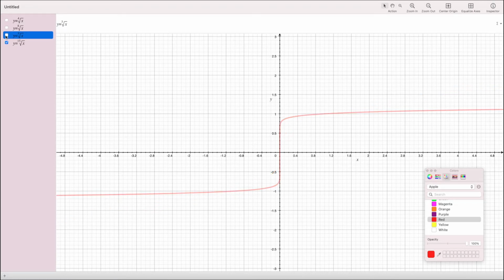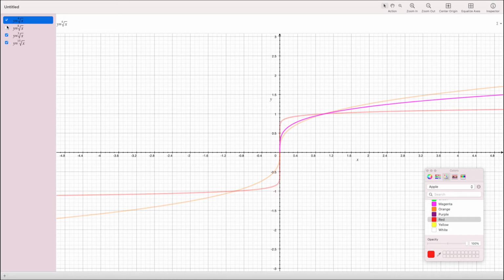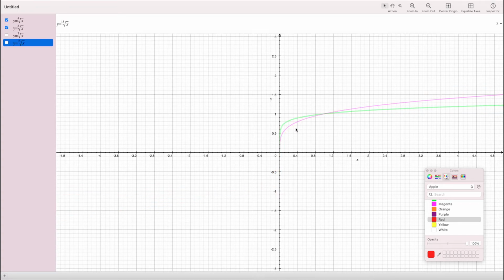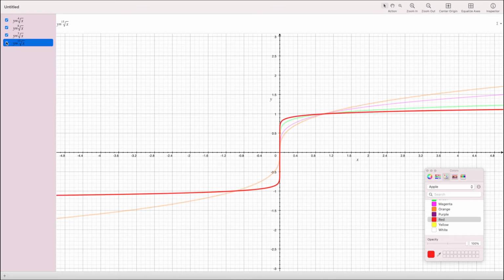Let me graph that one as well. If I erase these two, you see the difference between the even roots and these are the odd roots. That's the difference between them.